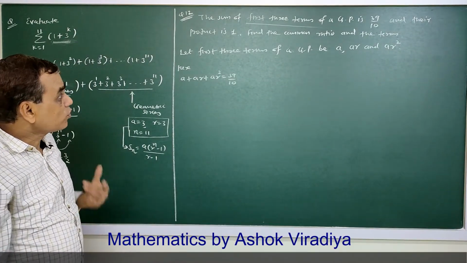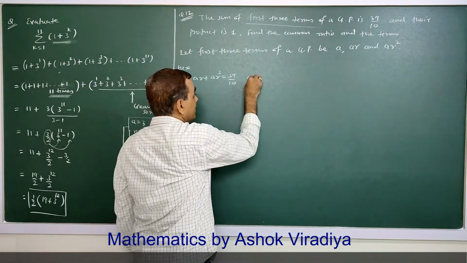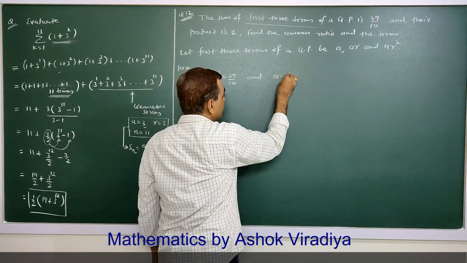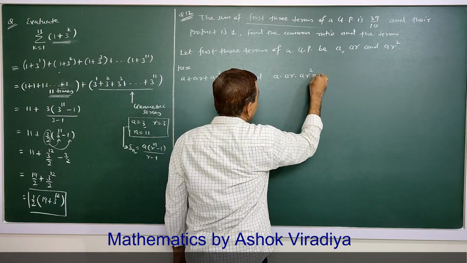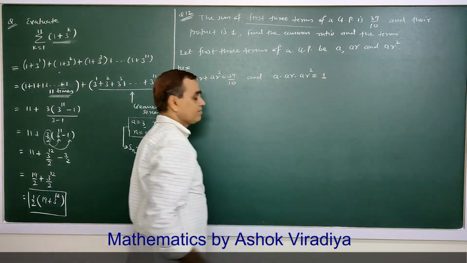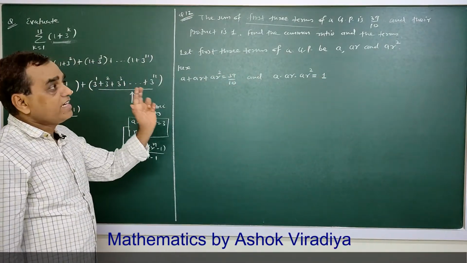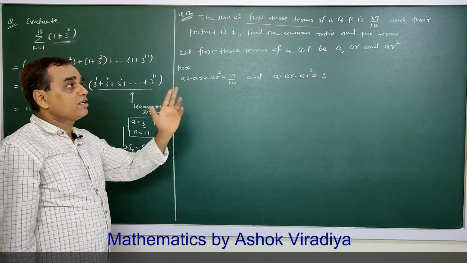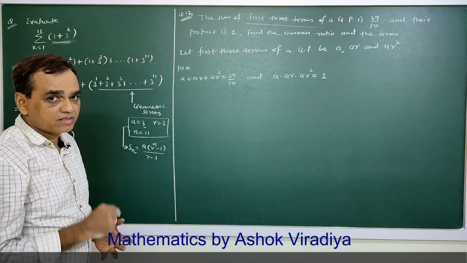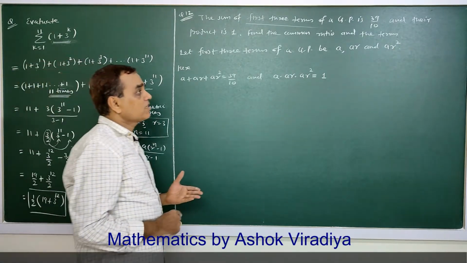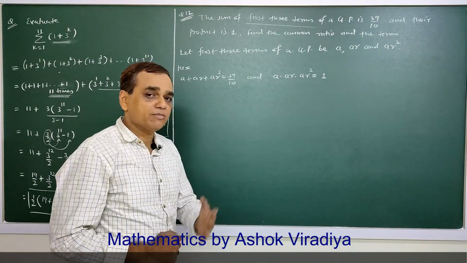and their product is 1, and A into AR into AR square is 1. So we have to find the common ratio, that is R, and the first 3 terms.